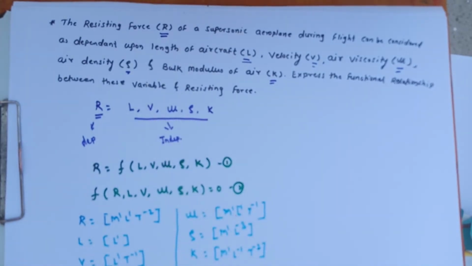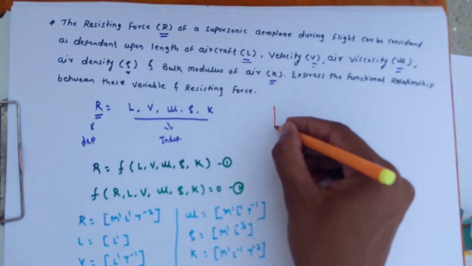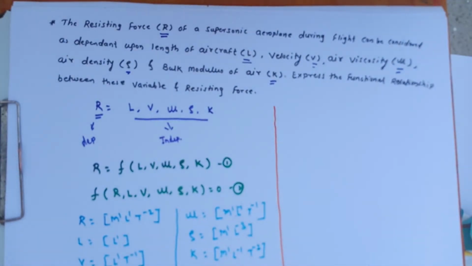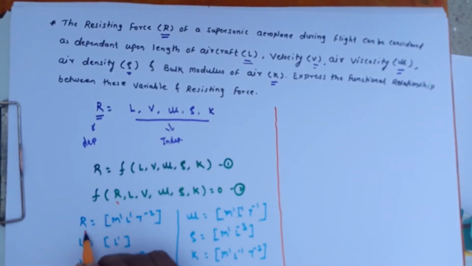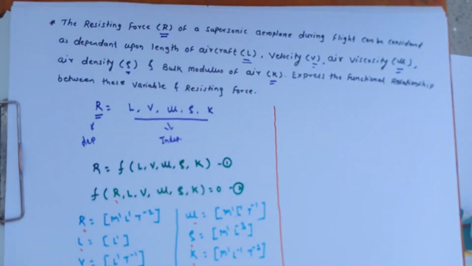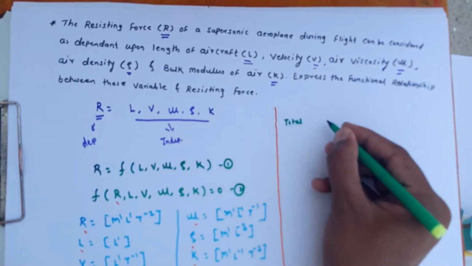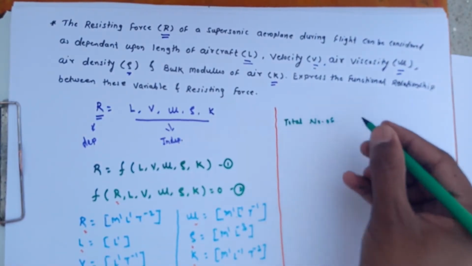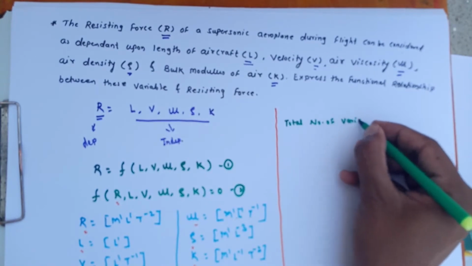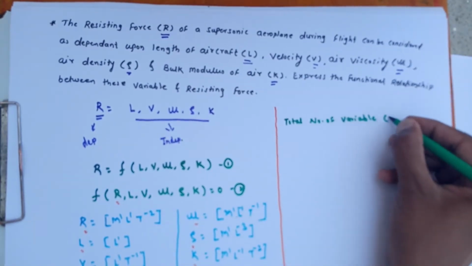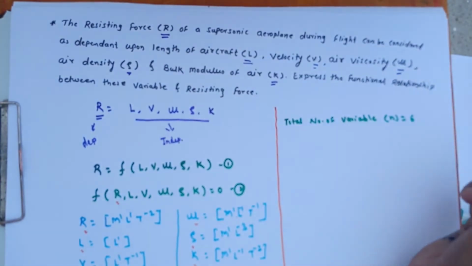After writing these fundamental dimensions, the total number of variables, including the dependent variable and independent variables, R, L, V, mu, rho, K, is equal to 6. The total number of variables is denoted by letter n, which is equal to 6.